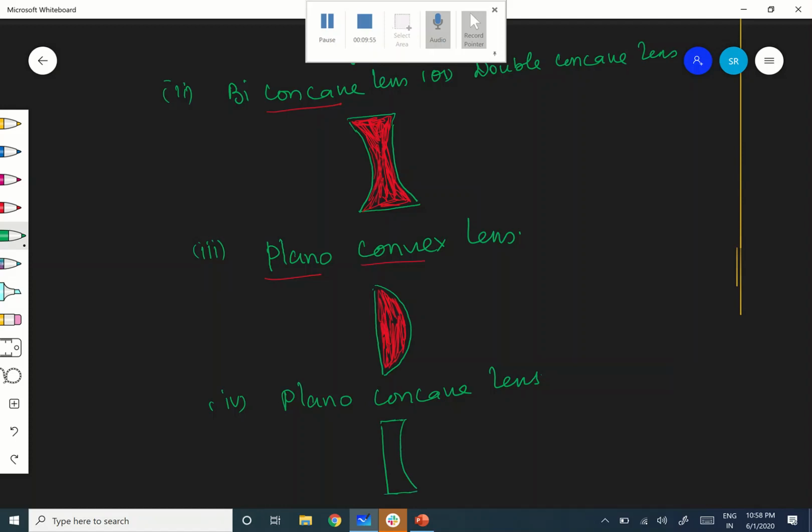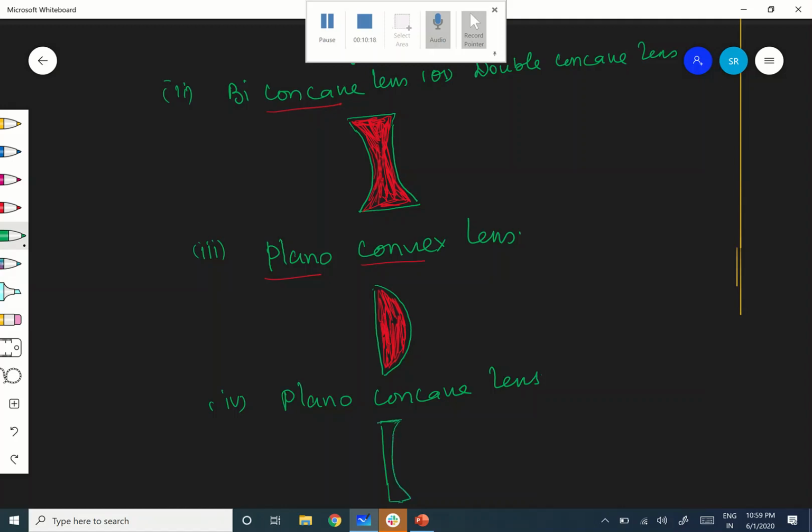Are you able to see, this is a concave surface. If you want, I can even give a better curvature. One side is plane, the other side should be concave.